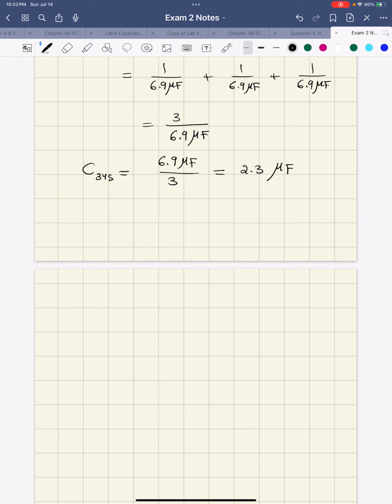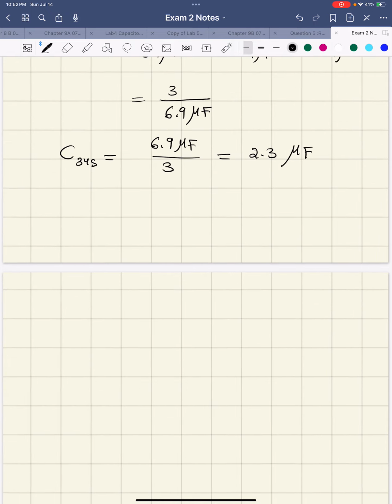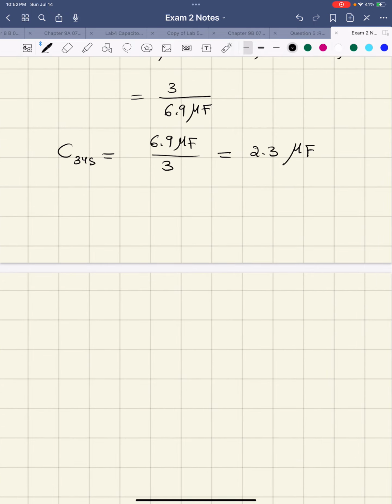When you have 3 or 4 capacitors of the same value in series, the equivalent capacitance is the value divided by their number.